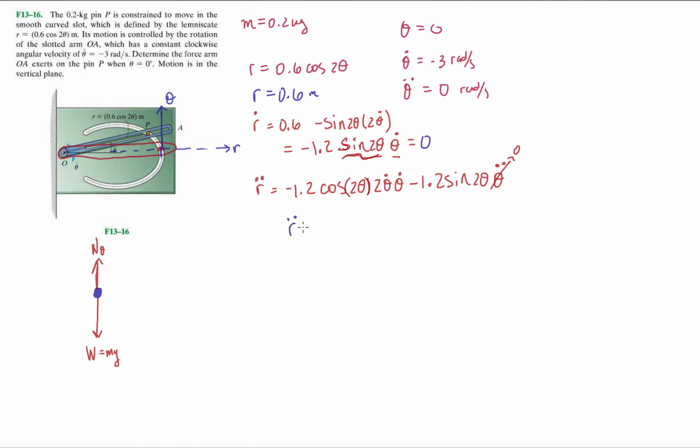And the last term that we need to know is r double dot, which we end up getting as minus 21.6 meters per second squared. So we have our angular terms and our radial terms. Bada bing, bada boom.